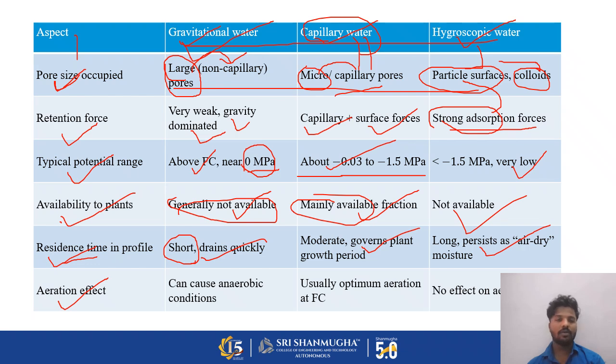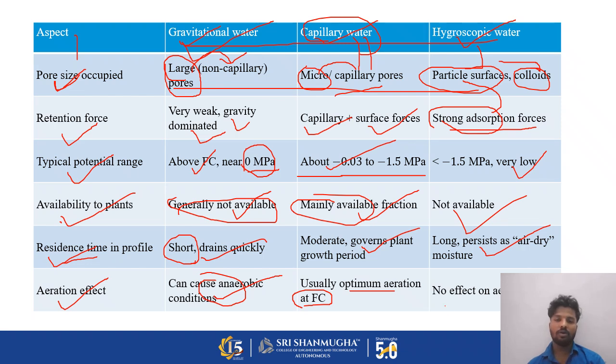Then the next aspect is the aeration effect. Gravitational water can cause aerobic conditions, because the water flows downwards, making the upper portions void, full of air. Capillary water usually gives optimum aeration at the field capacity.